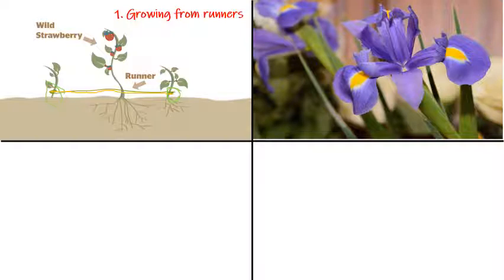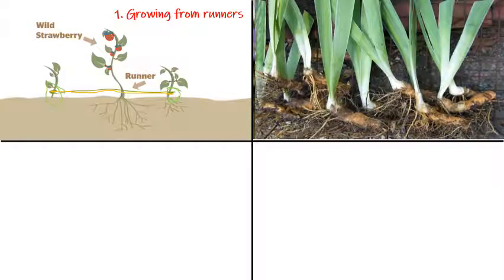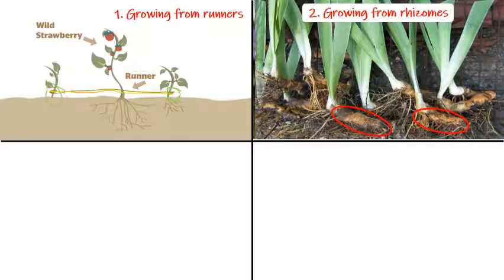Another type of vegetative reproduction is, I will take the example of the iris plant, this beautiful plant. Rhizomes are underground stems that grow horizontally, also near the soil surface.